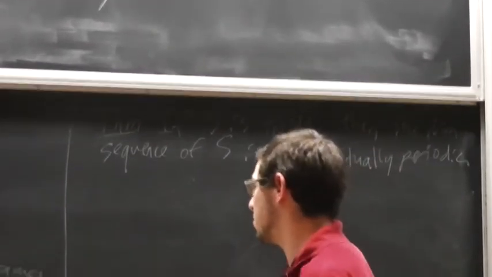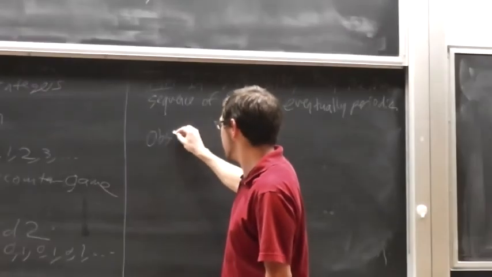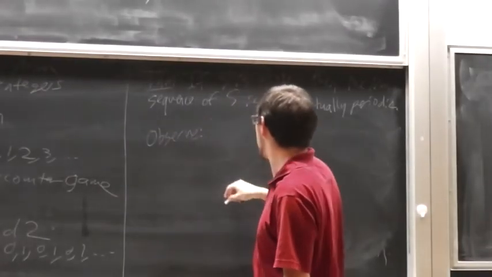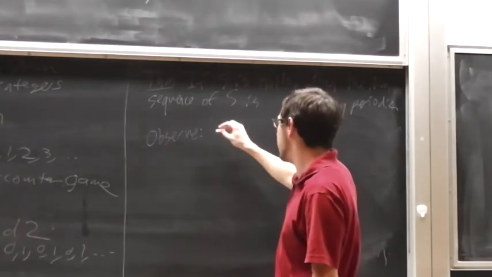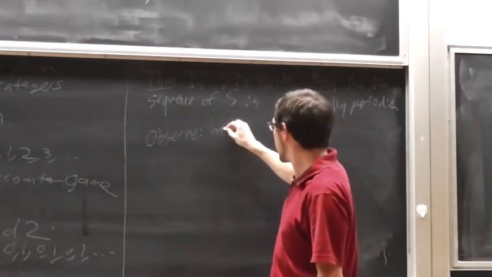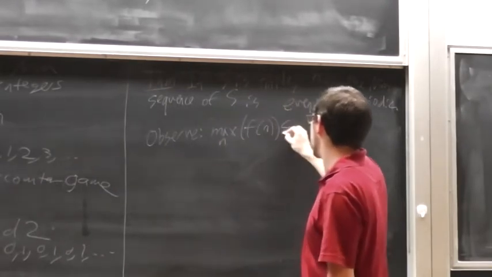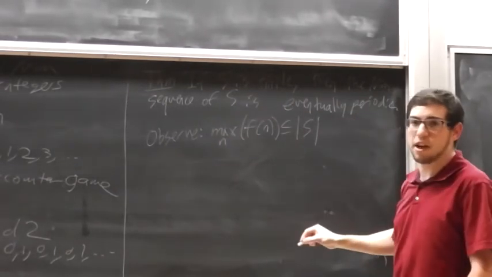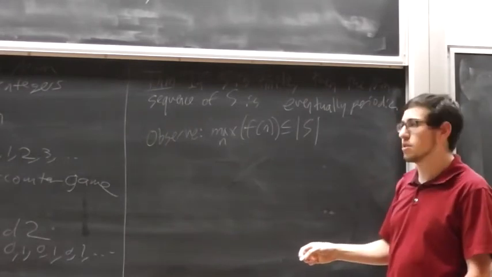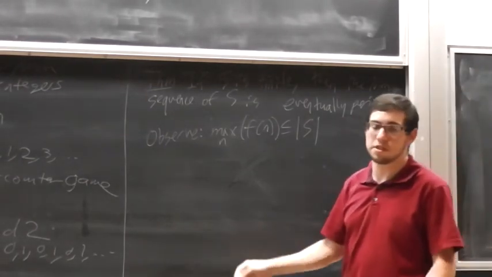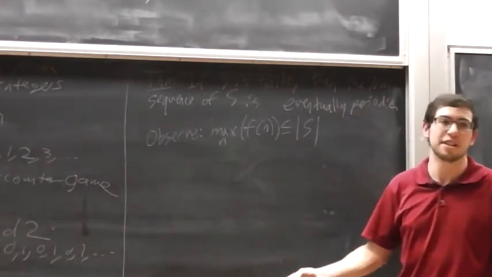To prove this, we're going to observe that the maximum over n of f of n is at most the size of S, because the max of a set of a certain size can never be more than the size of the set.